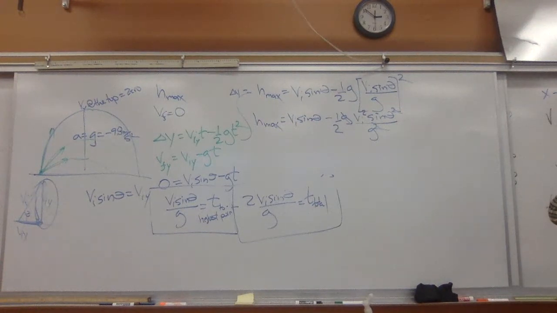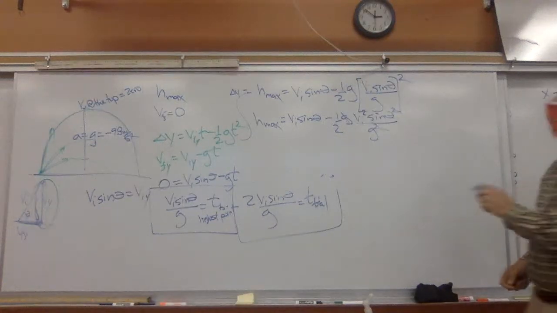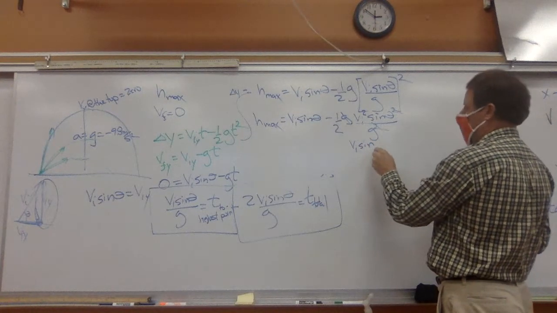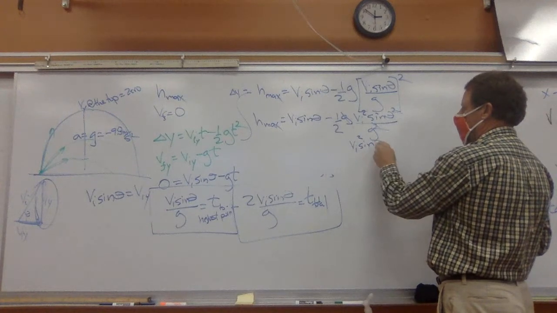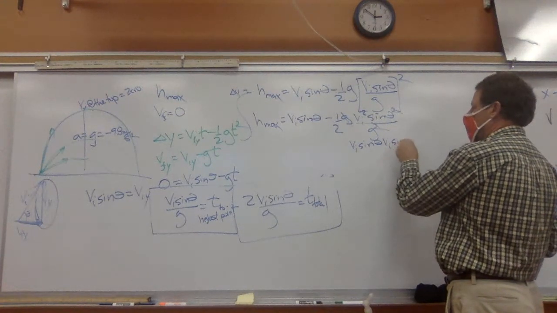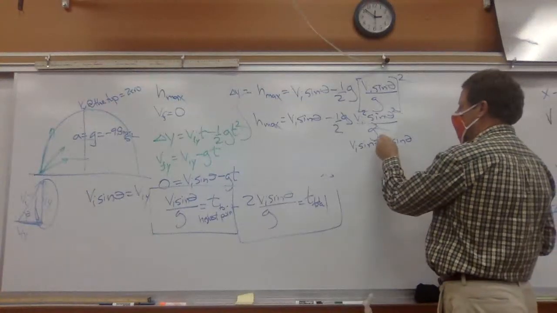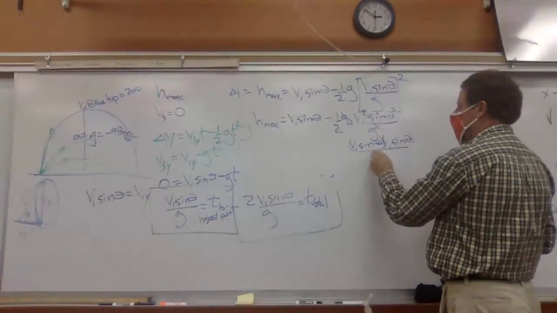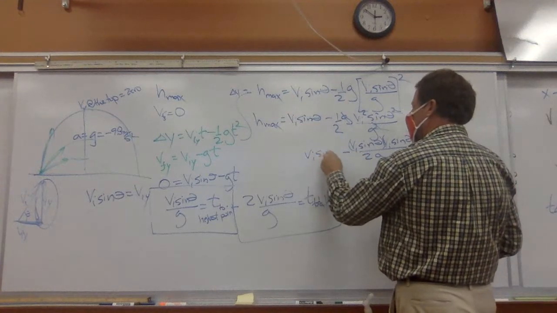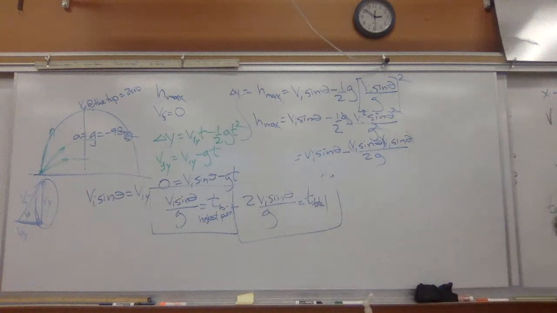If we say that this is VI sine theta, you can take a VI sine theta and factor it out.